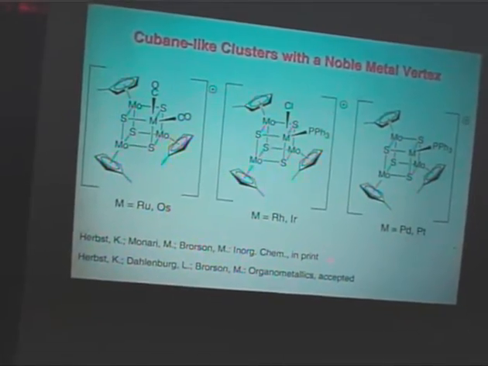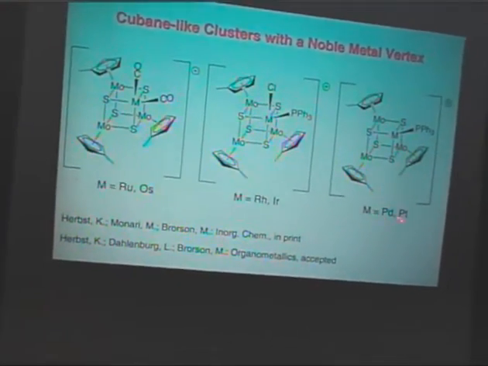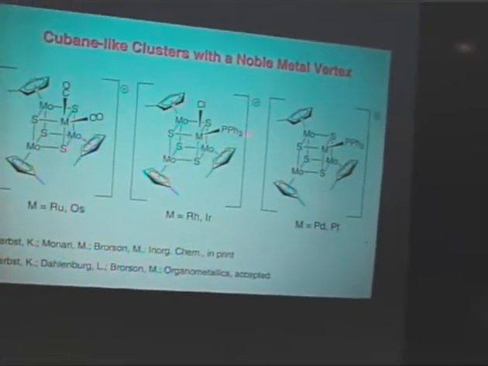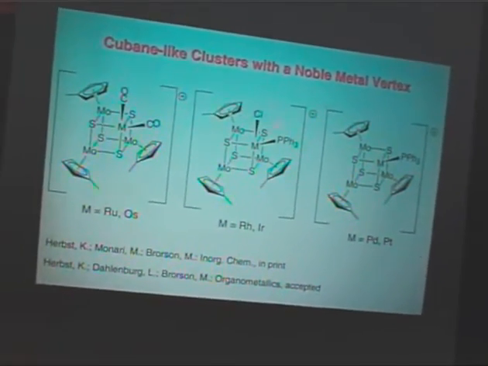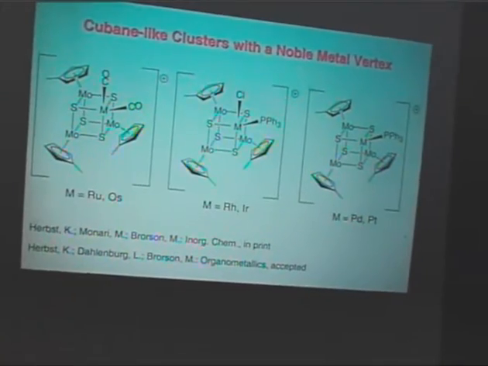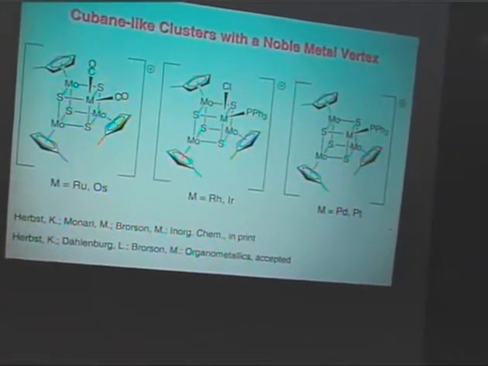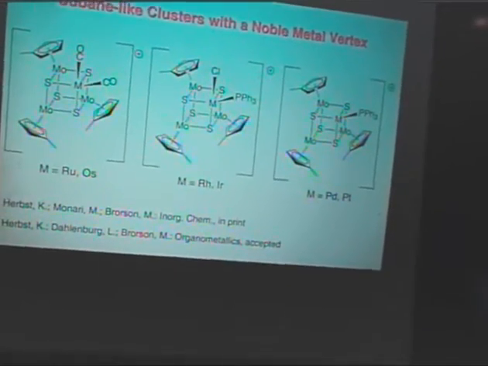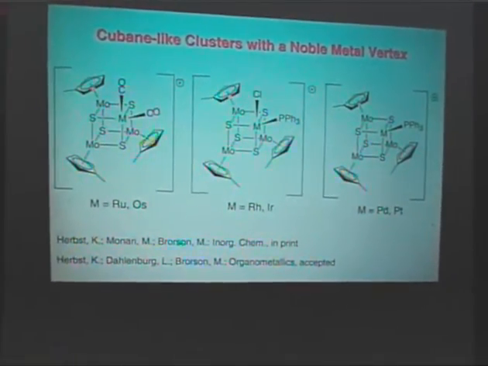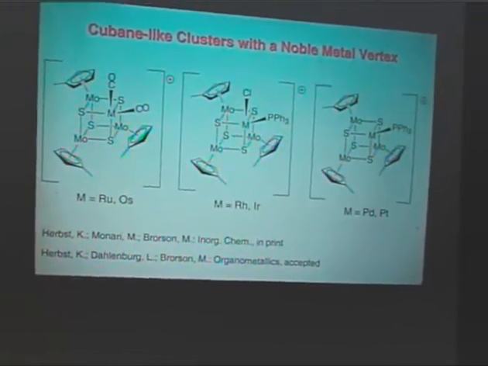In the case of rhodium, iridium, palladium, and platinum, there was a triphenylphosphane ligand on the heterometal, and for rhodium and iridium additionally a chloro ligand. Most of these clusters were unprecedented in the literature, and we were of course very excited to see if these clusters show any activity in a hydrotreating experiment.